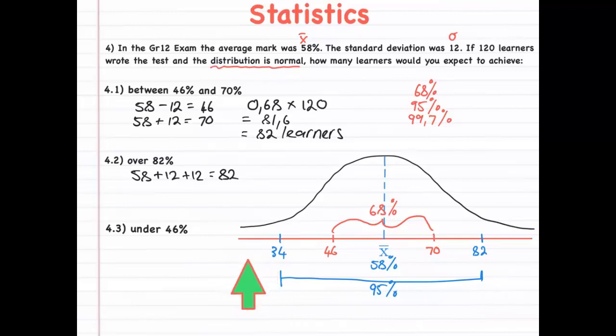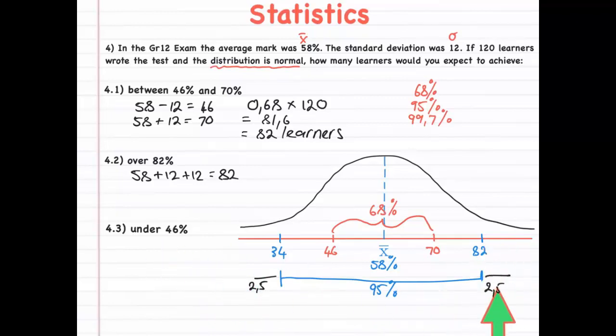So if 5% is this part, including that part, and we just want to know the top part, it's half of 5%, right? So I'll show you here in my black pen, this part here is going to be 2.5%, and that part there will also be 2.5, because together all of this must give us 100. So now we just want to know how many learners got above 82.